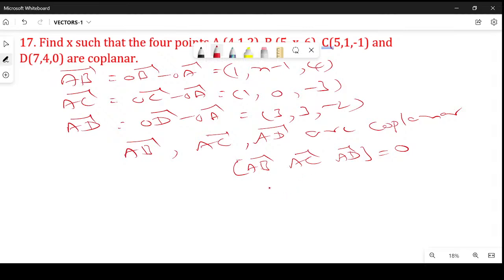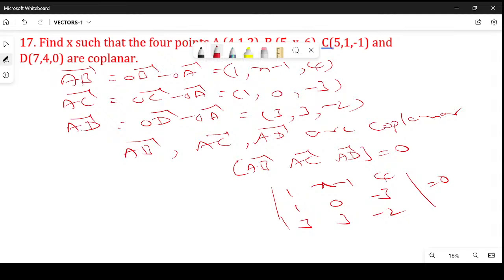Then I can write the determinant with rows 1, x minus 1, 4; 1, 0, minus 3; 3, 3, minus 2. The determinant is equal to 0. Just expand this determinant and you can find the x value.